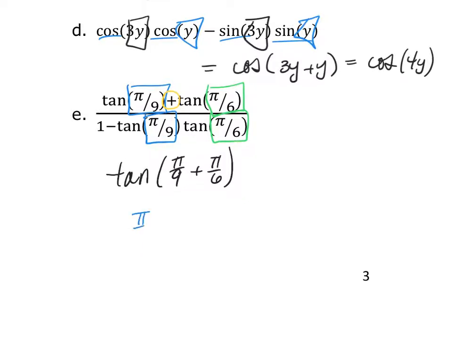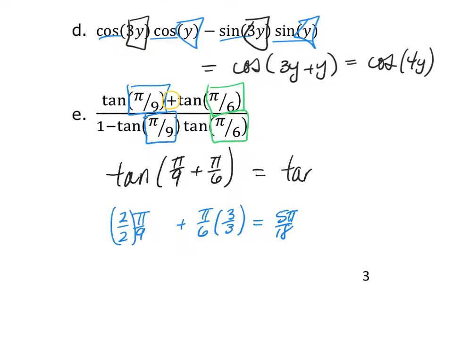So I have pi over 9 plus pi over 6. I'm going to multiply this numerator and denominator by 3, this by 2. So this will add up to 5 pi over 18. My final answer is the tangent of 5 pi over 18, and that's as good as it gets without getting my calculator out.